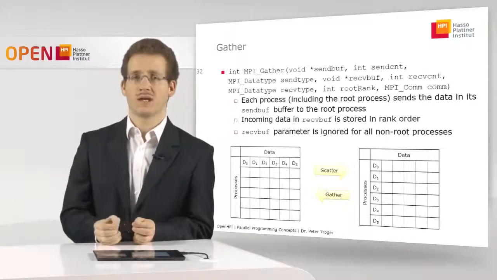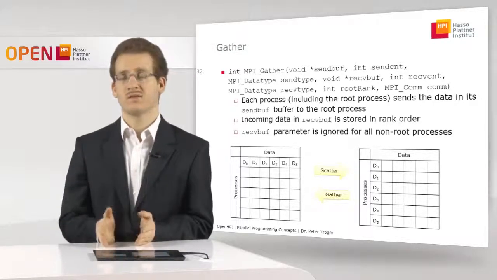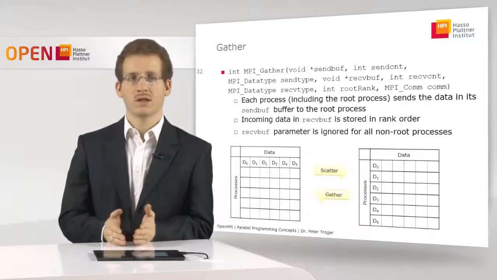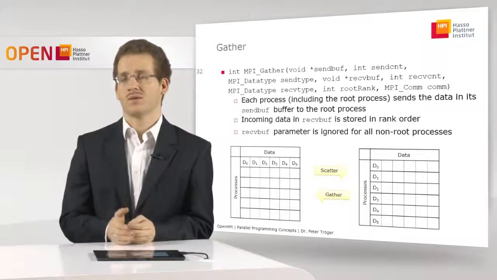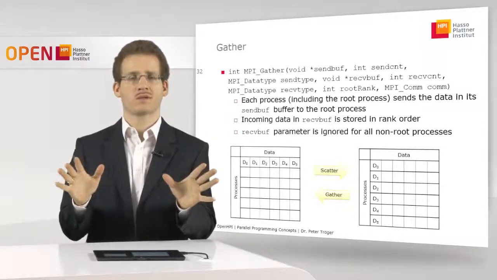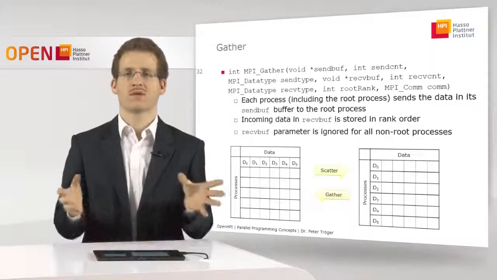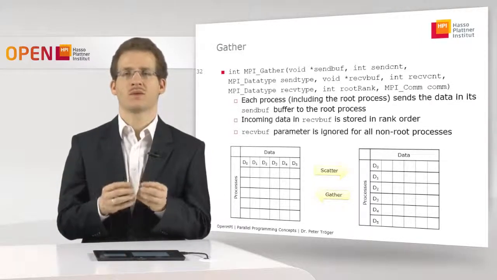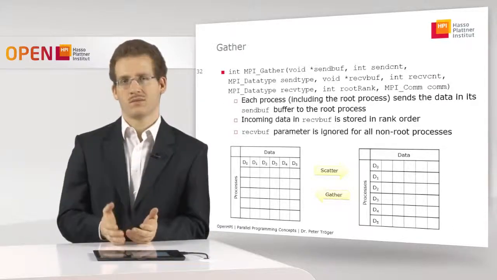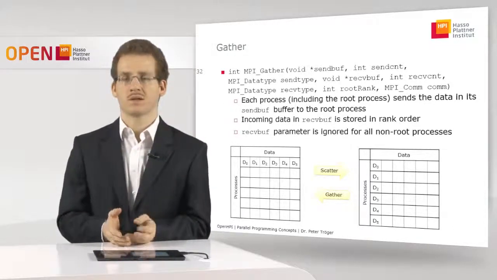The root rank node then has all the data in its receive buffer, typically ordered by the rank number, and then it can do further processing on this receiving buffer. So with scatter, you fan out data items, you fan out work, and with gather, you collect the results again at one point in order to do a final calculation or final determination of an application result.